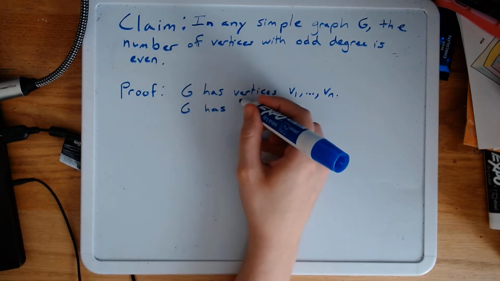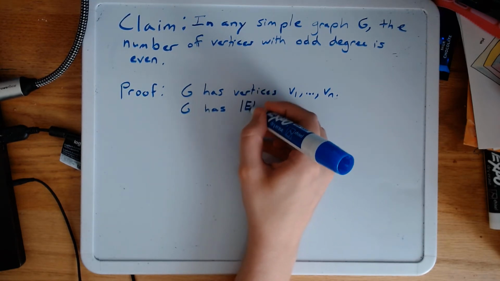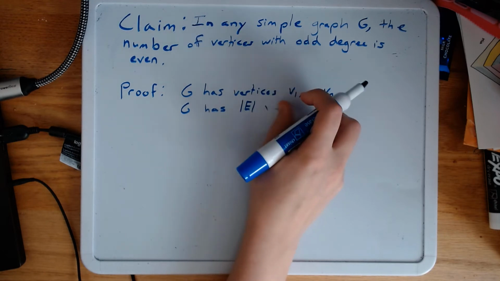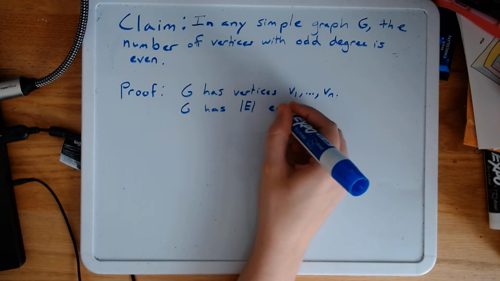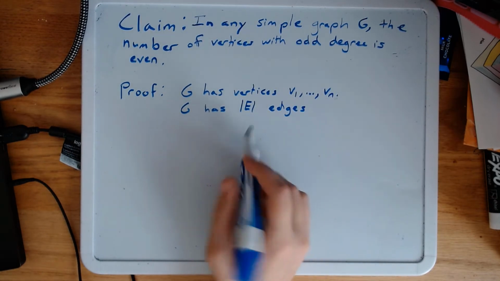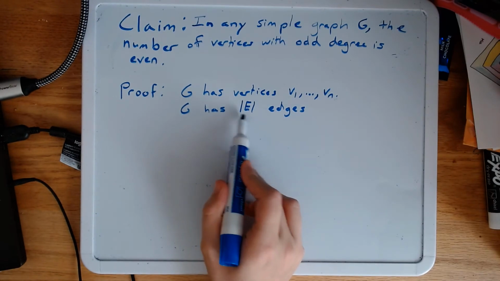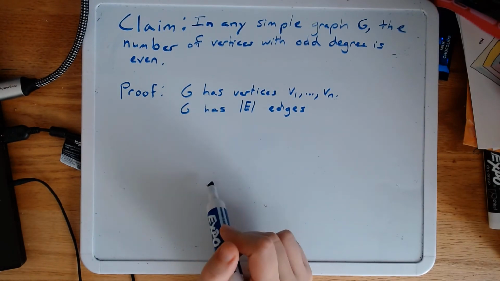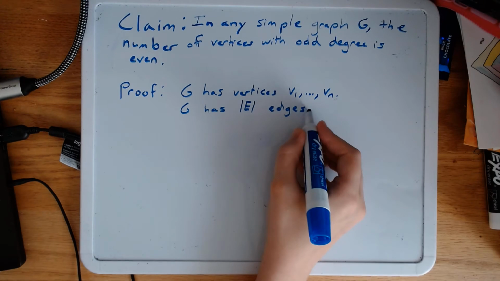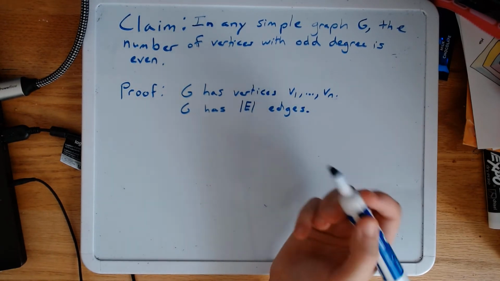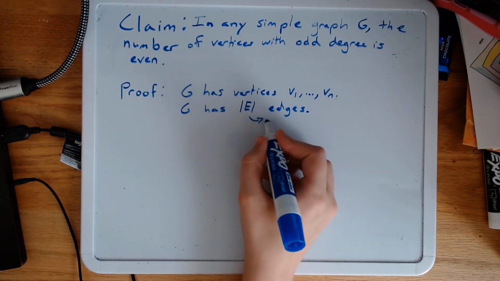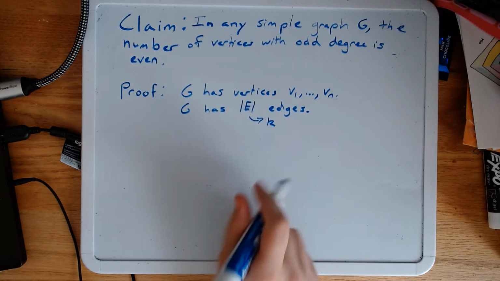And then we'll say that the number of edges G has is this. This is the size of the set of edges. Right, so this is some number. We could also say that this was K if we wanted.